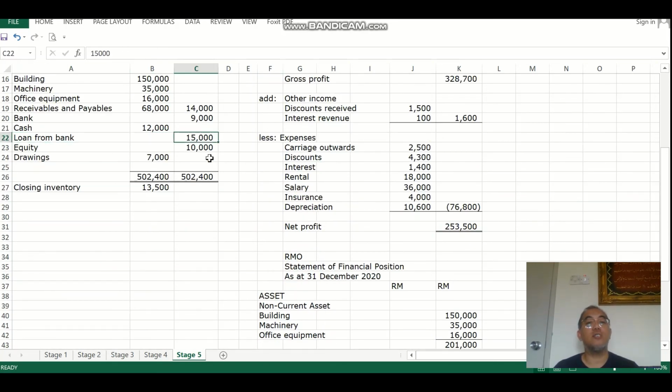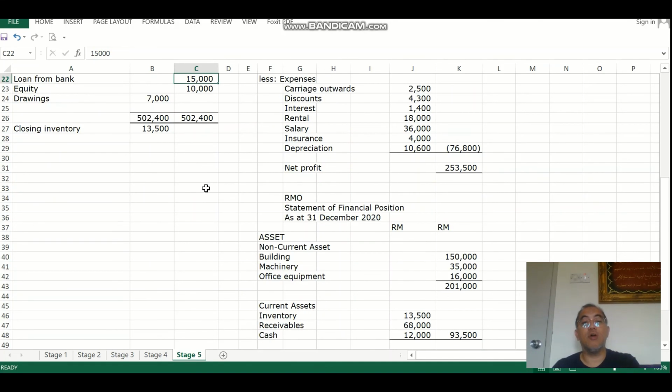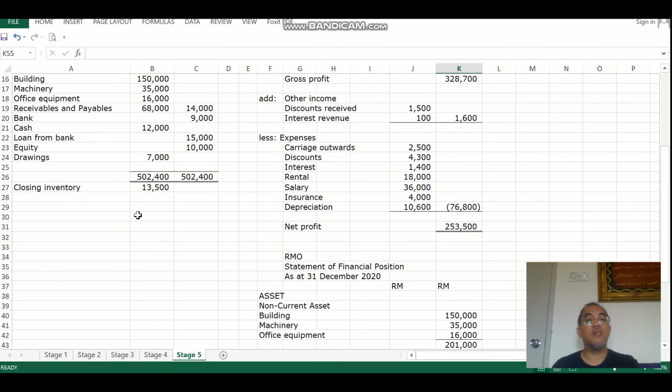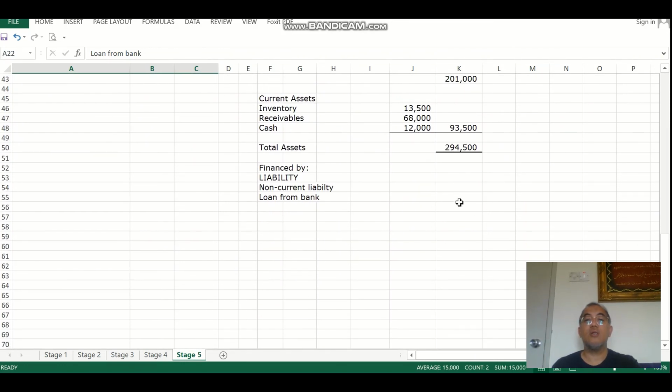So this loan is a long-term liability or non-current liability. Loan from bank. So if you know which bank, so you just put the name of the bank. And how much is the loan from the bank just now? I keep on forgetting. The loan from the bank is 15,000. Is it? Yes, 15,000.